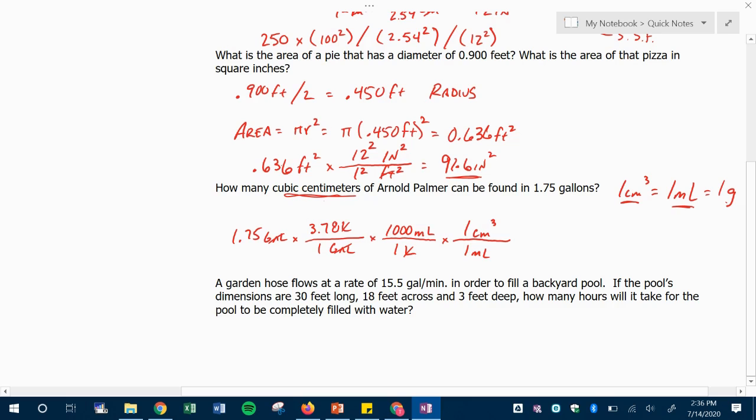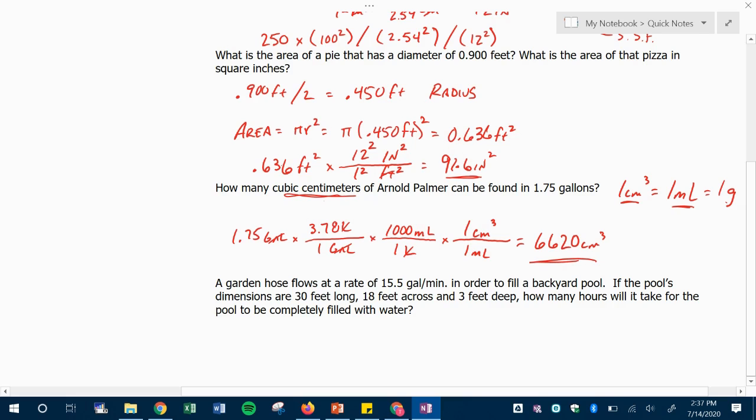So this would be our calculation. Now we plug it into our calculator, and we get 6,615, which rounded to 3 sig figs would be 6,620 cubic centimeters.